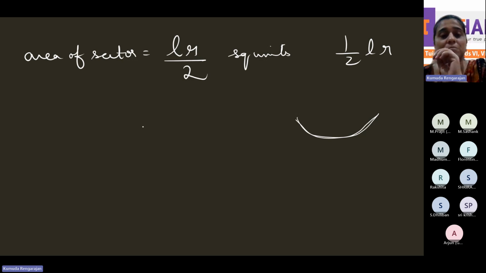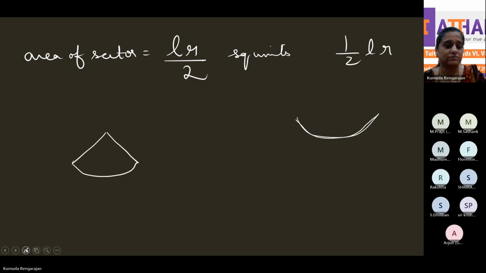So if it is the minor sector, take the length of the minor arc. If you're finding the area of the major sector, you should take the length of the major arc. A sector is of two types, no? Major, minor.